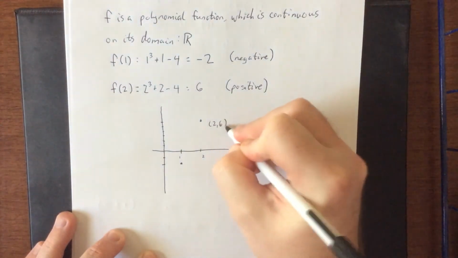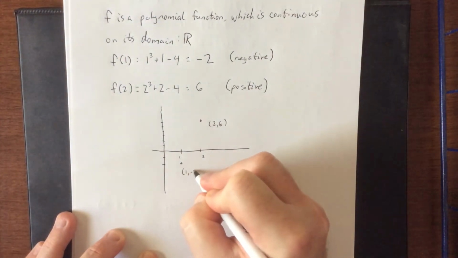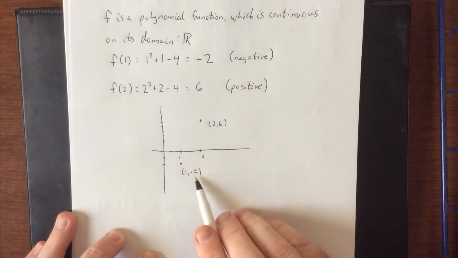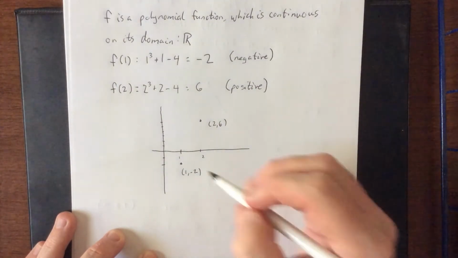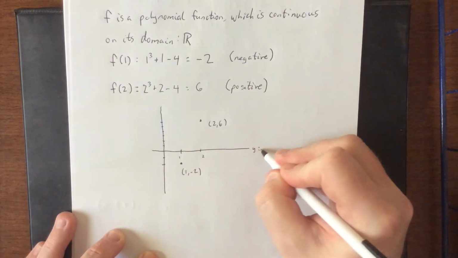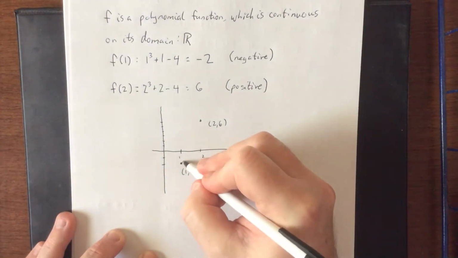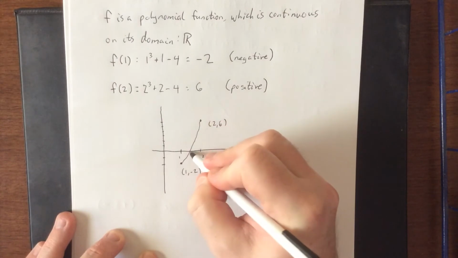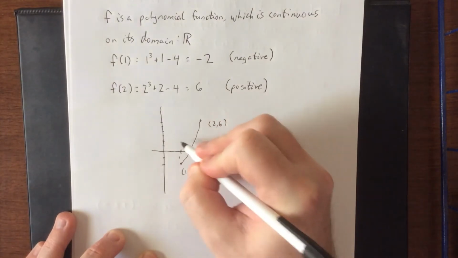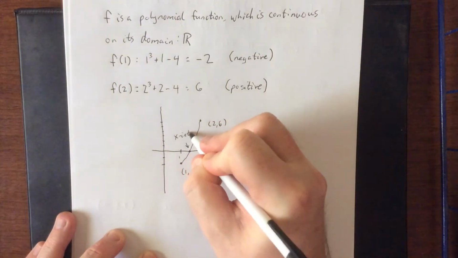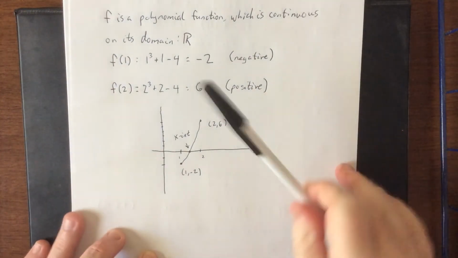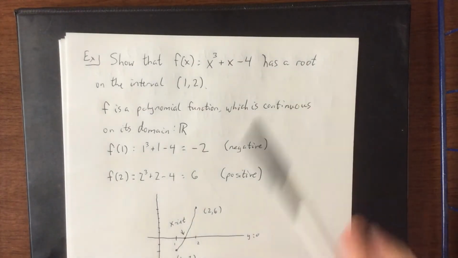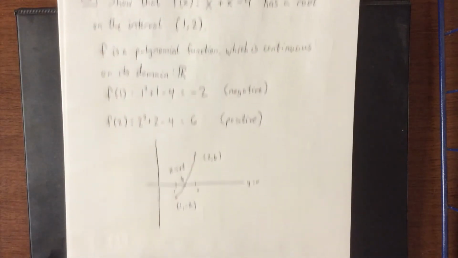According to the intermediate value theorem, we can select any value of y between negative 2 and 6, and this continuous function must cross it. Well, if we pick the value y equals 0, because it's a continuous function, we know that somewhere in here it's guaranteed to cross the x-axis. And that'll give us an x-intercept. An x-intercept is also known as a root when it comes to a polynomial function.